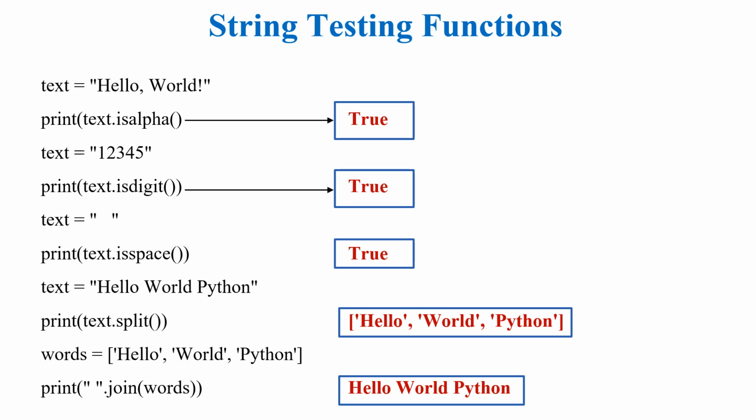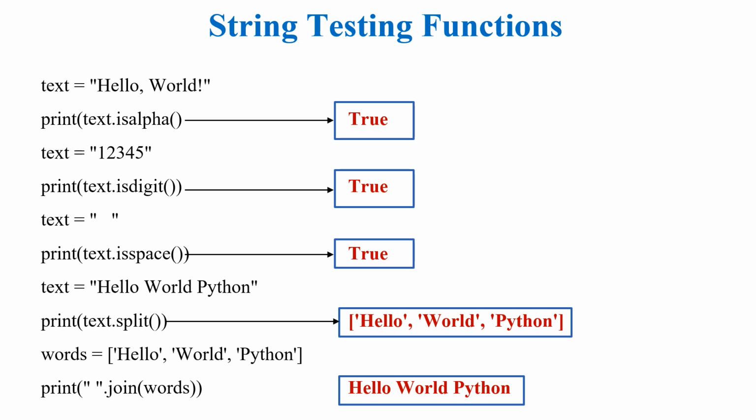Yes, there is a space, so it prints true. Next, for the given input hello world Python, the split function is applied, so it converts that into a list using the delimiter. Next is join. The given list is joined, so the output is hello world Python.